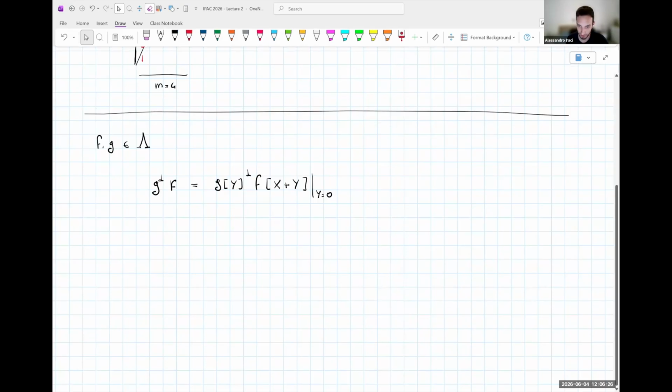Let's do some concrete examples, so maybe it's a bit more clear. If g is some homogeneous symmetric function, the homogeneous and the monomial symmetric functions are dual.